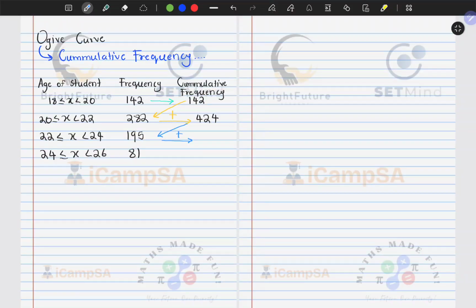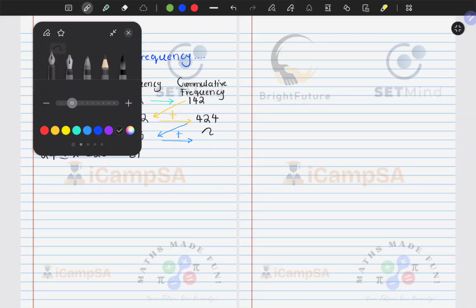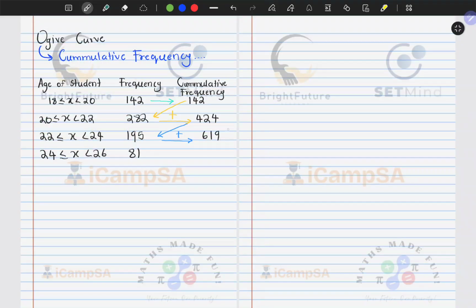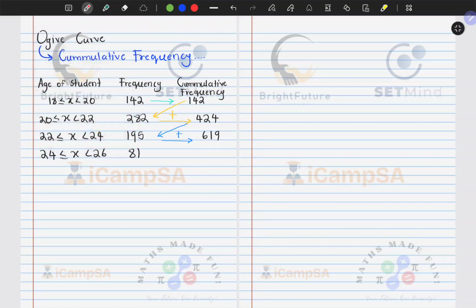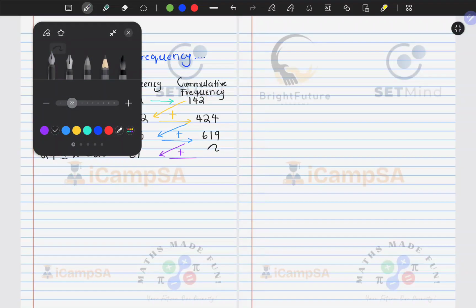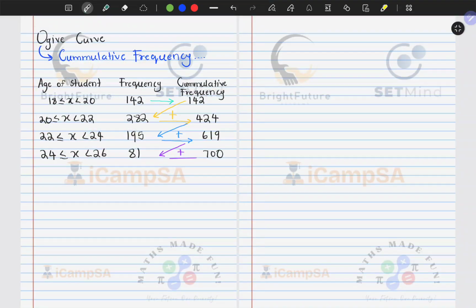And that is how we get the next number, which is 619. Then for the next one, we added 81, and what we end up getting is 700. And guess what? What we see here speaks to n. So your n will be 700.